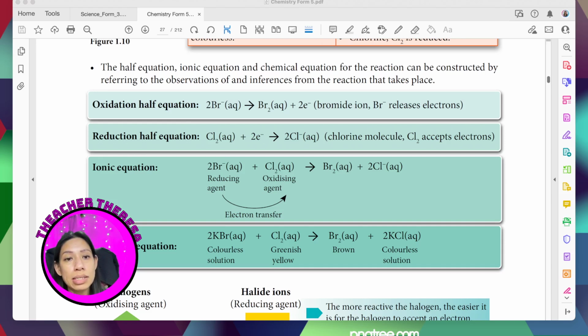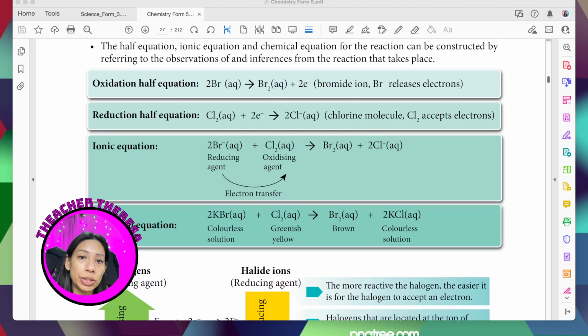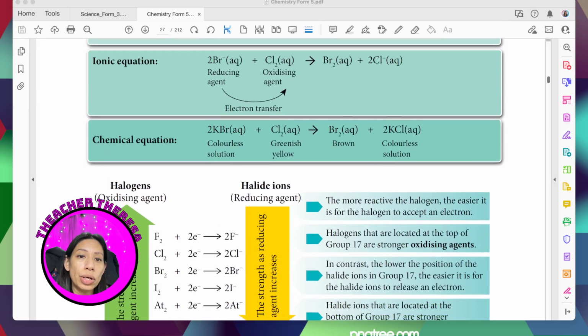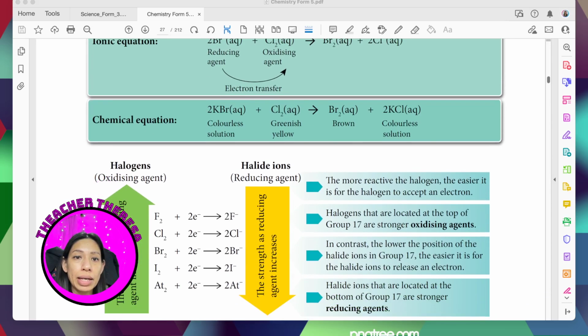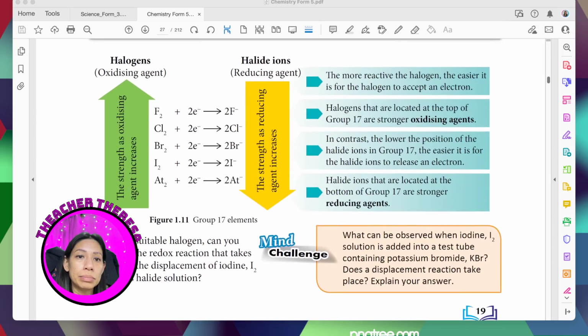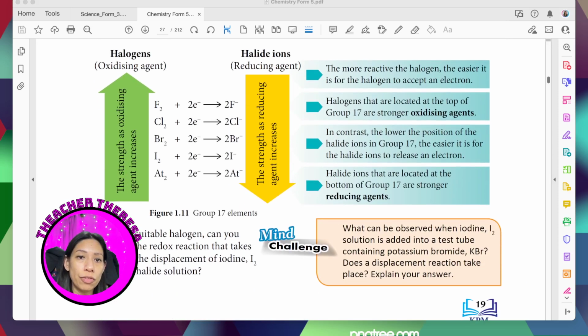Non-metal has a tendency to form negative ions. How? By receiving electrons. So if a particular element in group 17 has more tendency to receive electron compared to another atom in the same group, we say that atom or molecule is more electronegative. As what we studied in Form 4, it is the same.